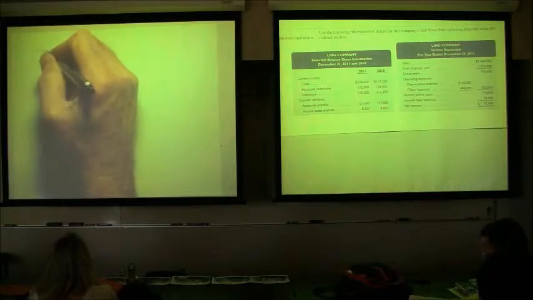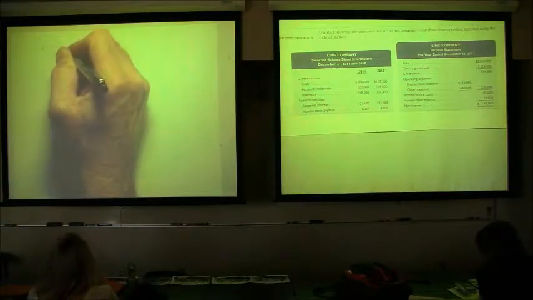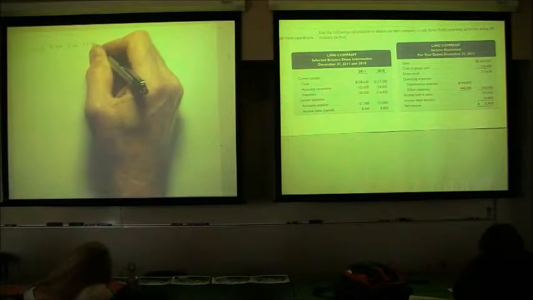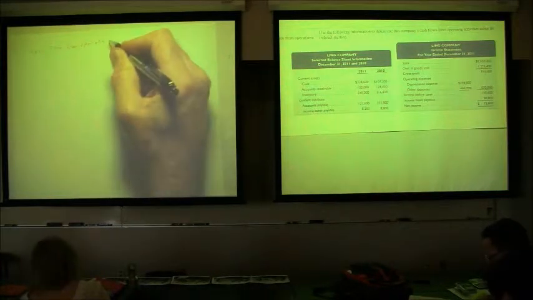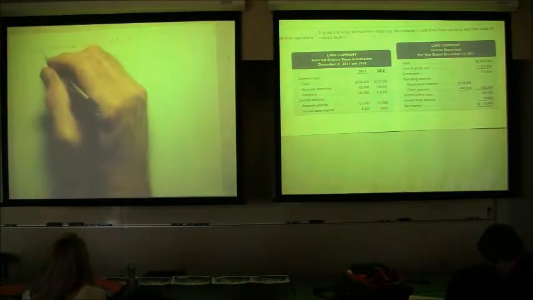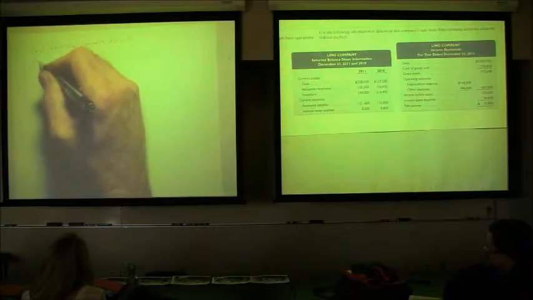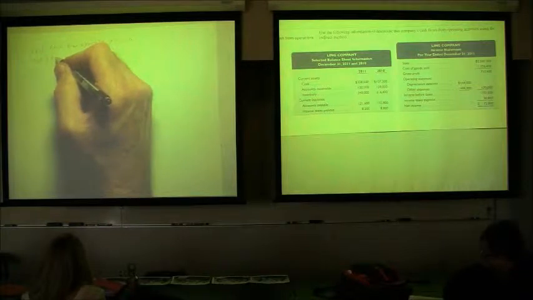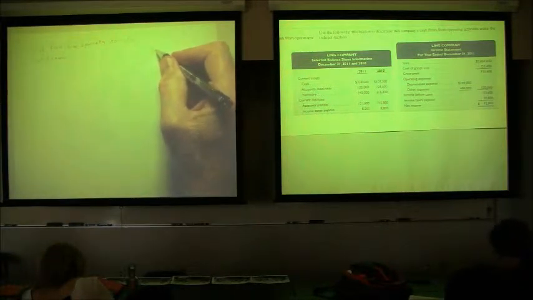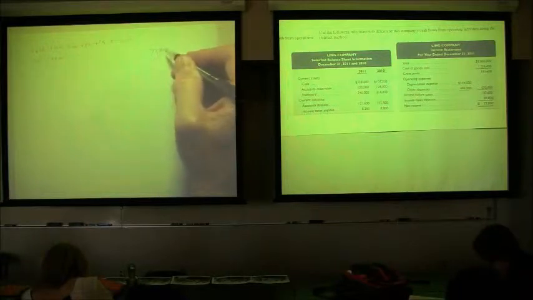So we're going to do the cash flow from operating activities. We're going to have the net income, which is where they start on that. And the net income was on the accrual basis, and it's 72,800.